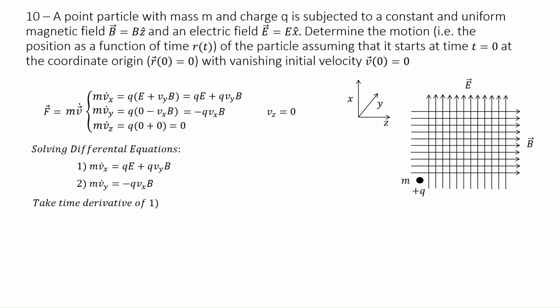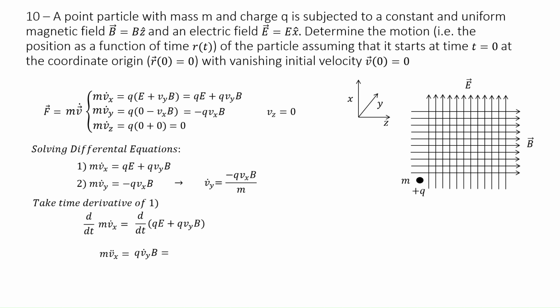Now, if we take the time derivative of our first equation, as we see here, we get m v double dot x equals q v dot y B. The qE is constant with time, so it disappears, and the v is the only thing that changes with time, so that's the only thing that gets a dot above it.